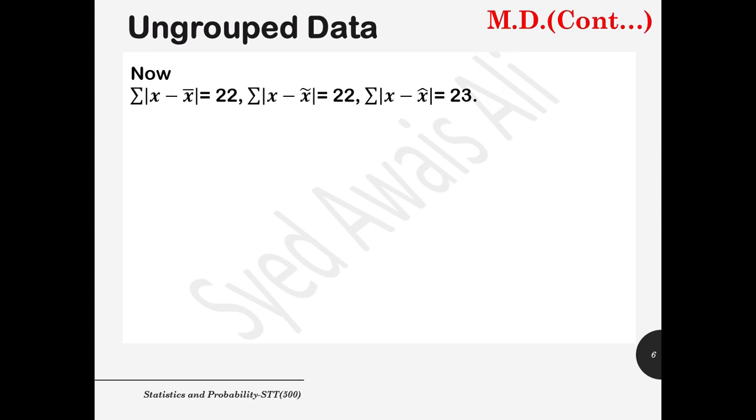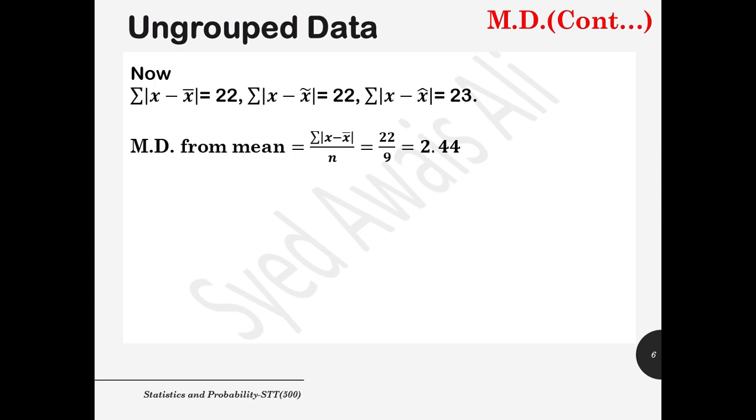So the value of summation absolute x minus x bar is 22. Then summation absolute x minus x tilde is 22. Then summation absolute x minus x hat is 23. Next we move toward the mean deviation from mean.